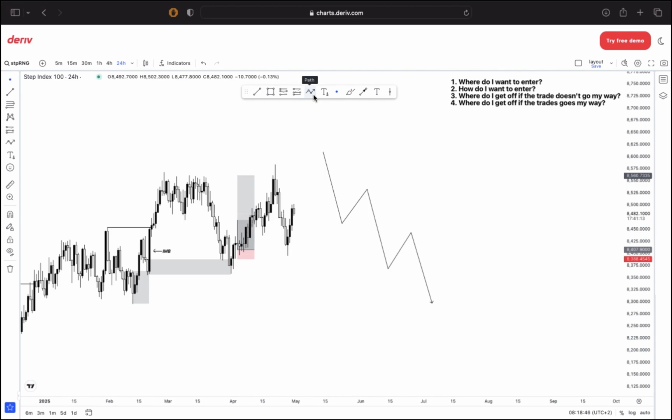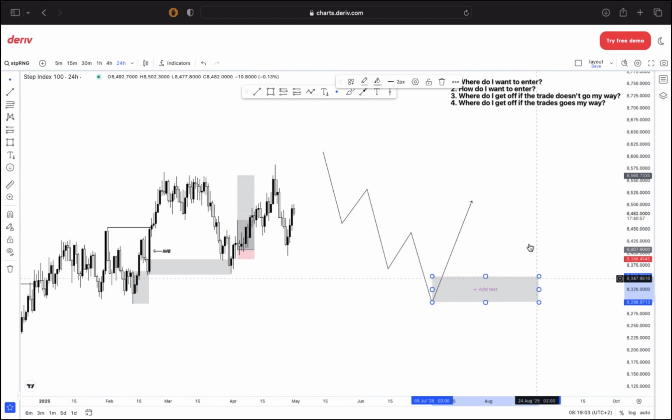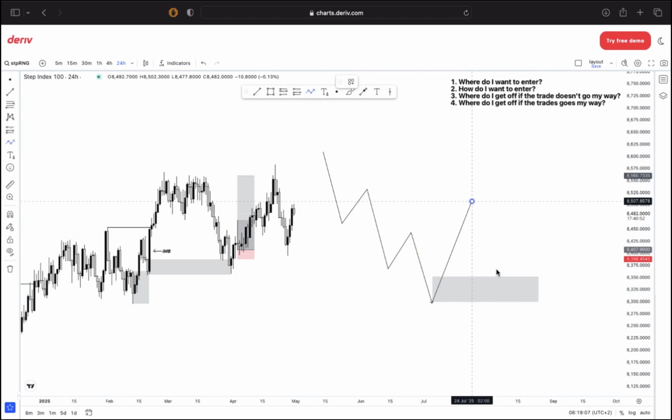So, what is it that we can do in this case? We can wait for price to create what? For price to create a trend change. Now, after price creates a trend change, we can then identify a point of interest. Now, an area of demand, right? An area of demand whereby we would like to look for those buying opportunities from, right?